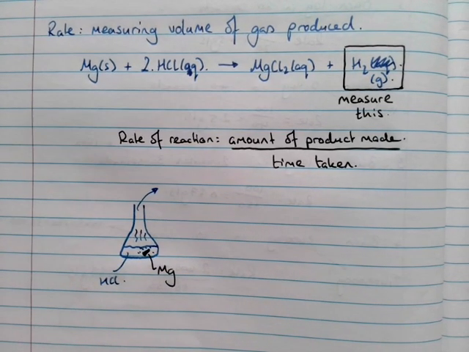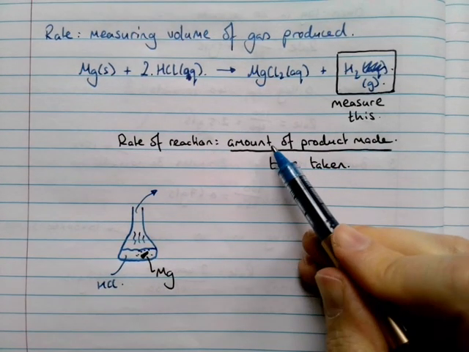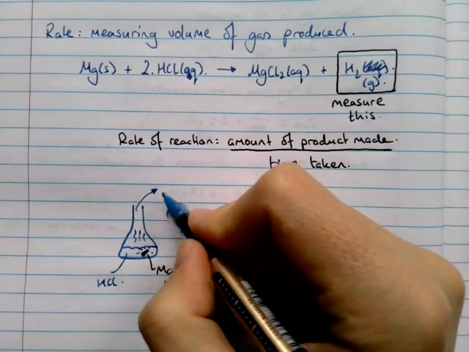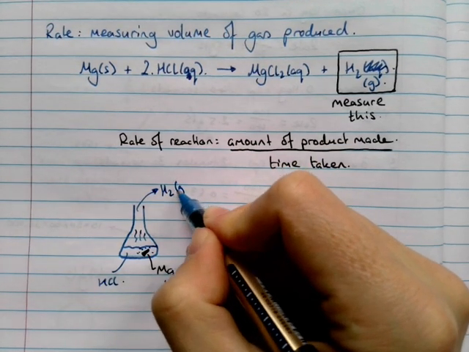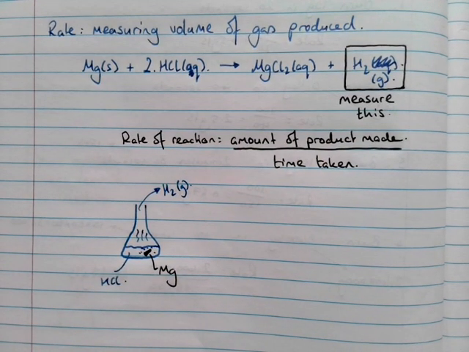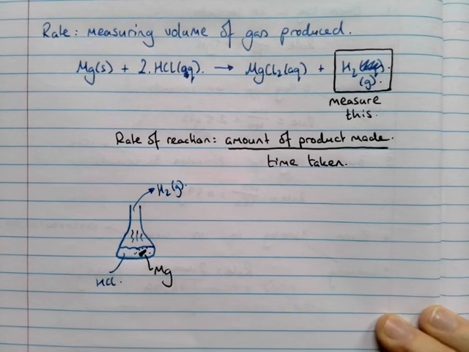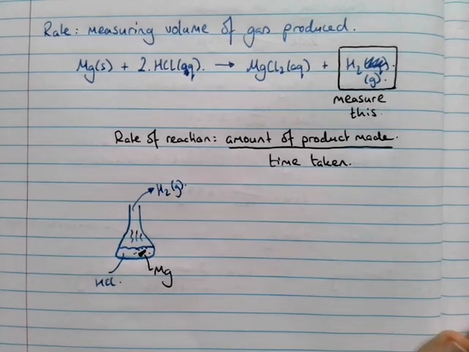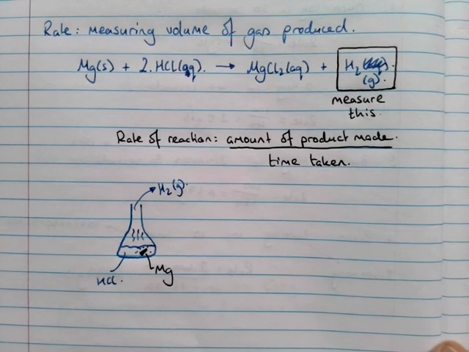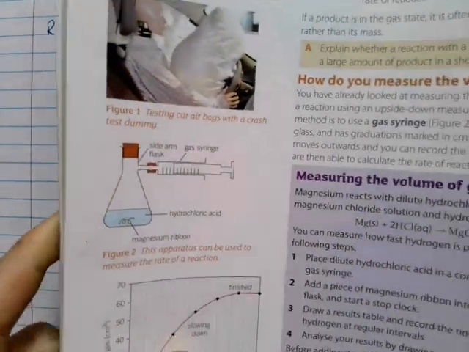You won't know how much you've got. You need to be able to measure the amount of this gas being produced. But if it's just going into the air, then there's not much you can do with that. So we're going to use an experimental setup that looks like this.